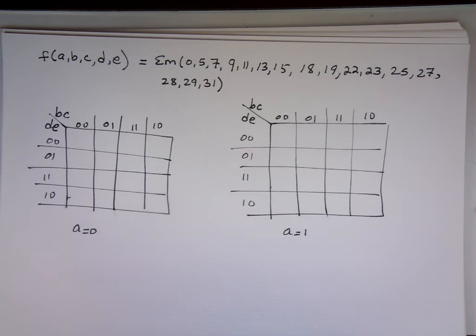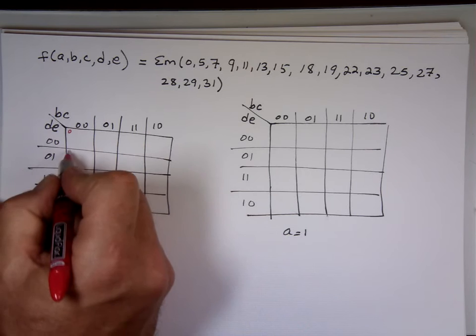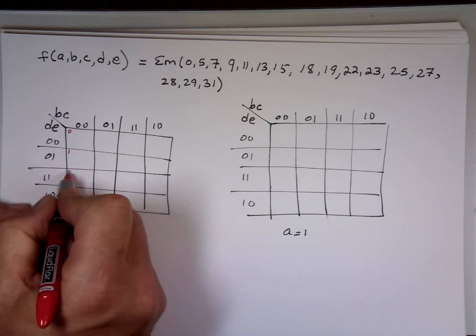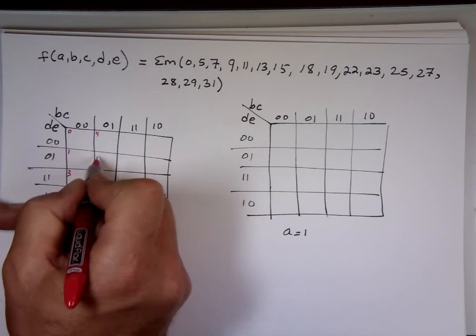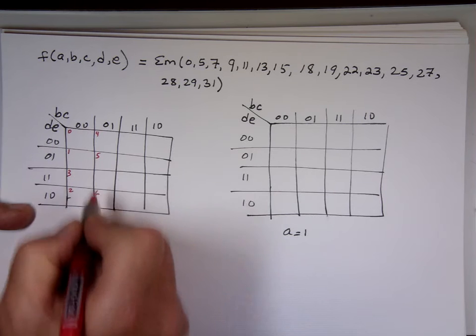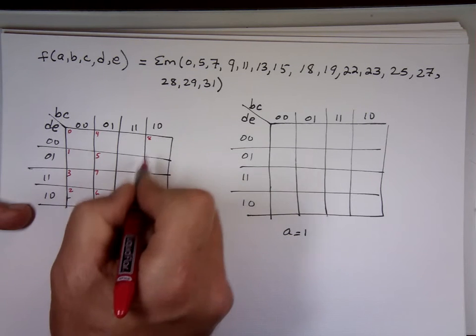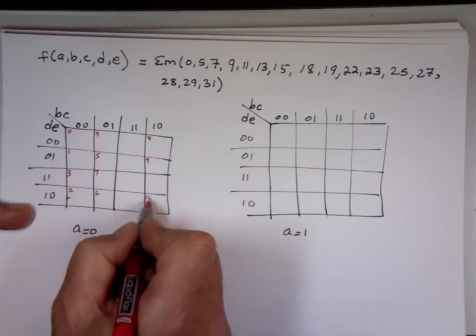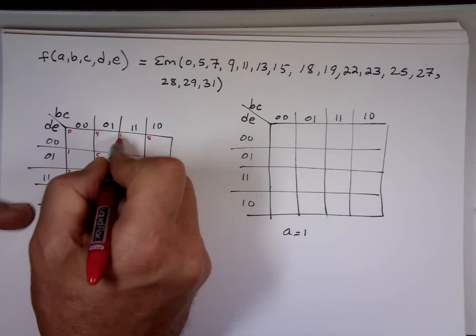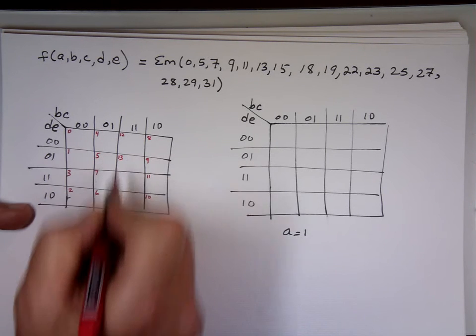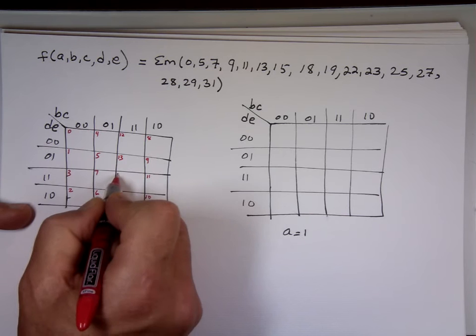And in case you forgot the numbering, this is the 0, the 1, 2, 3, 4, 5, 6, 7, 8, 9, 10, 11, 12, 13, 14, and 15.